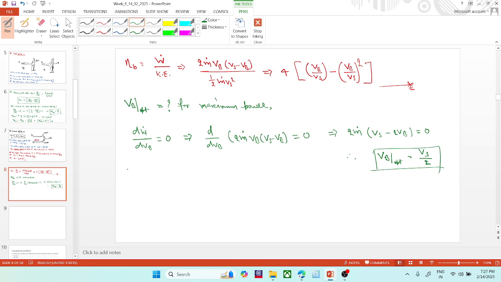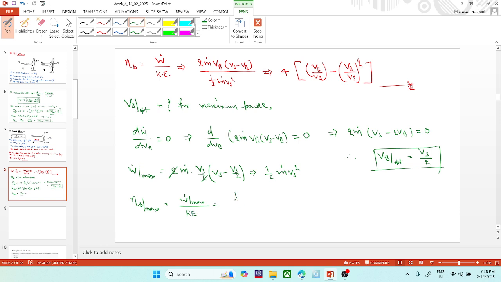So for this optimum blade speed, the maximum power would be 2m dot into Vs by 2 into Vs minus Vb, which is also Vs by 2. The 2 will be cancelled by this 2, so it would be half m dot Vs square. Now the maximum blade efficiency would be W dot max divided by kinetic energy.